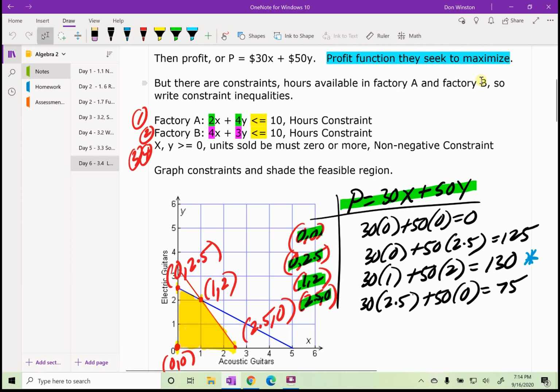I'll give you 4 problems for homework. These problems take a long time to do. You have to graph inequalities. You have to evaluate corner points, and you'll see you have to find the intersection between lines. So there's a lot to do with these problems here. That's why I like them, because it uses everything you've done.